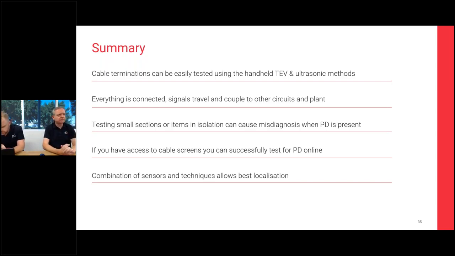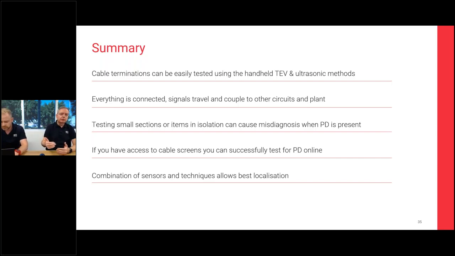If you've got a relatively small network or relatively small sections of cables and you haven't got access to the cable earth to place a HFCT on, again, just doing the TEV and the ultrasonic will get you a certain way.